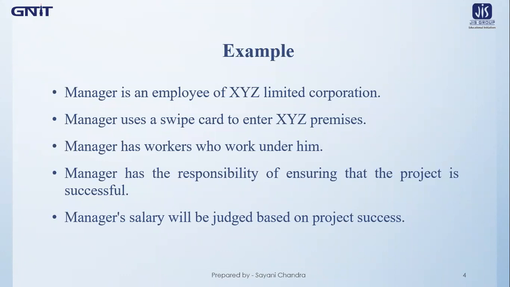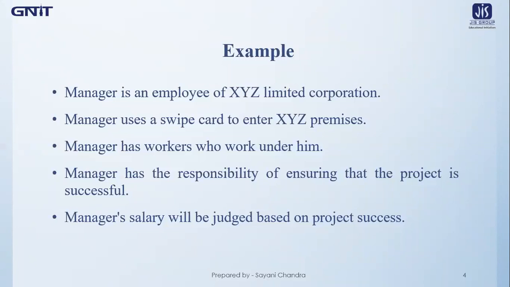In association relationship, we have learned that there should be one object being used by another object, but there should not be any ownership. This is also the same. The manager object is using the workers object, and the workers objects are being used by the manager object. That means this relationship is also a little bit the same as association relationship, but there is a difference that one of them is owner.